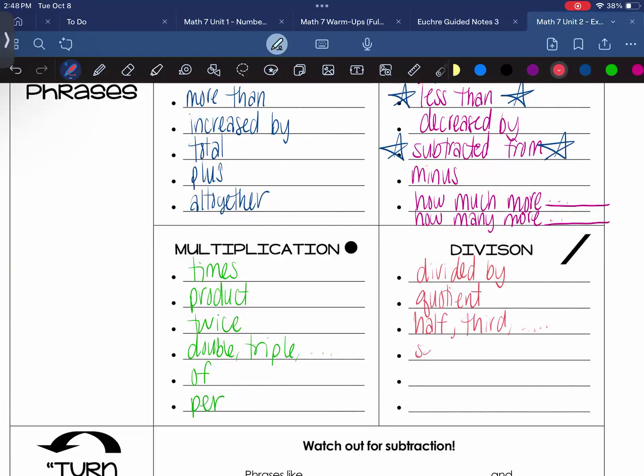If you see separate or equal, like equal parts, or if you see split or split among. And then another one I want you to squeeze in there is each. But remember, each, depending on the question, can also go to multiplication. And per, depending on the question, can also go with division. So go ahead and put those arrows just to know that.